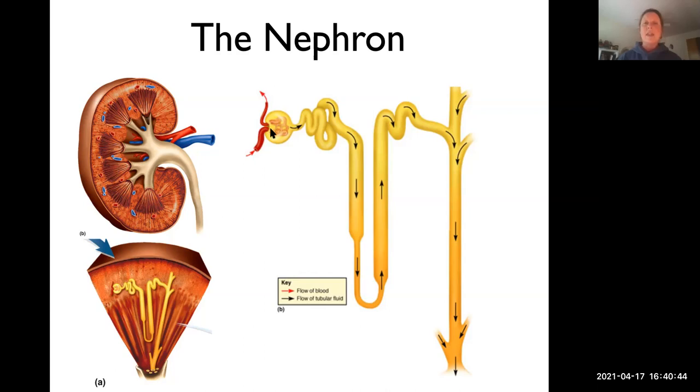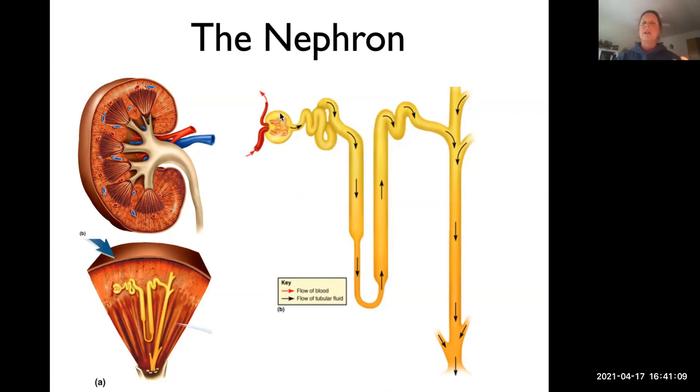Okay. This capillary bed inside is called the glomerulus. And so the capsule of the nephron that surrounds the glomerulus and catches the filtrate or the plasma that's leaking out as it passes through is known as the glomerular capsule, the capsule that surrounds the glomerulus.